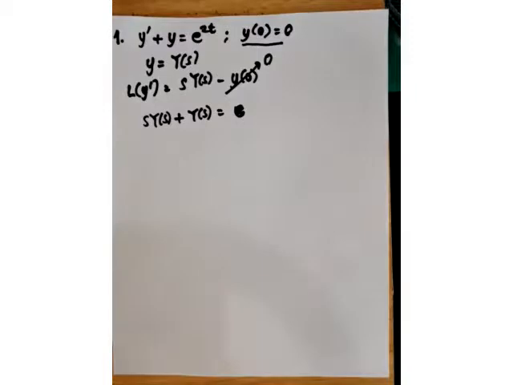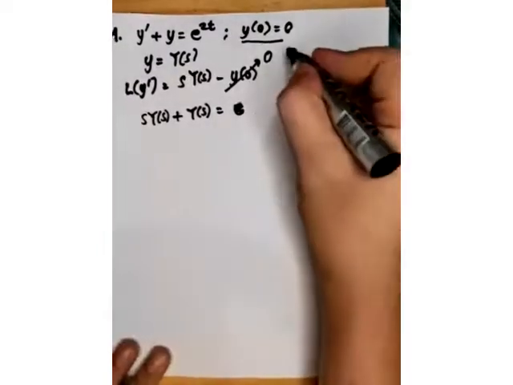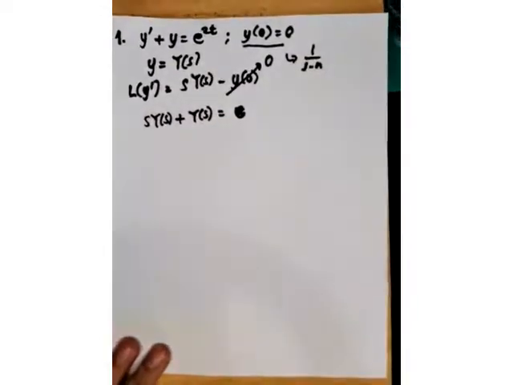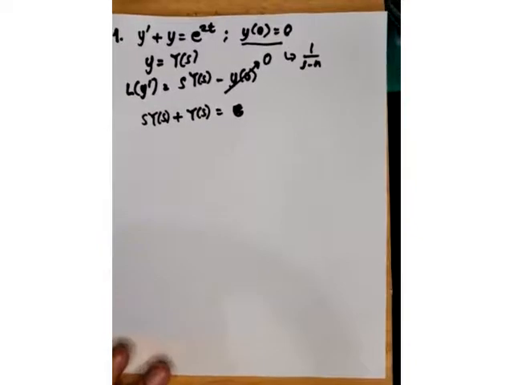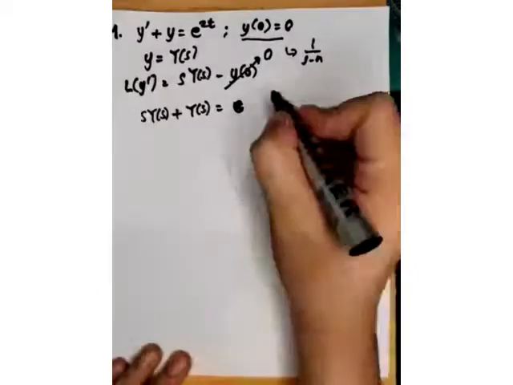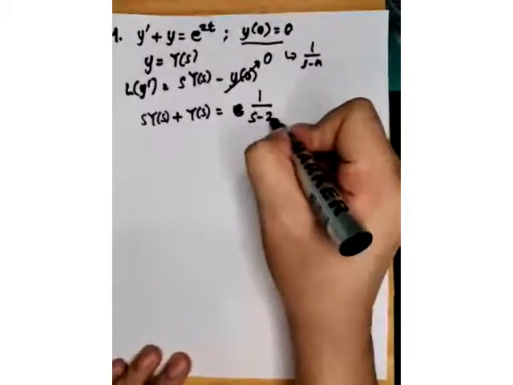Okay, based sa table natin, yon ay 1 over... tama ba ako? 1 over s minus n. Tama ba? Naalala niyo ba? 1 over s minus n. Okay, so that will be 1 over s minus 2.